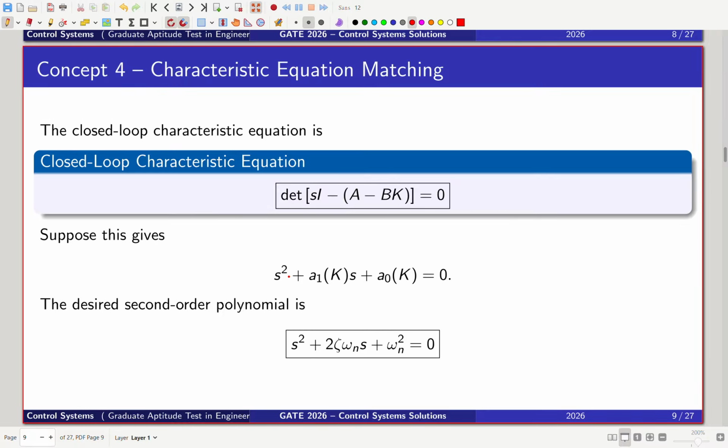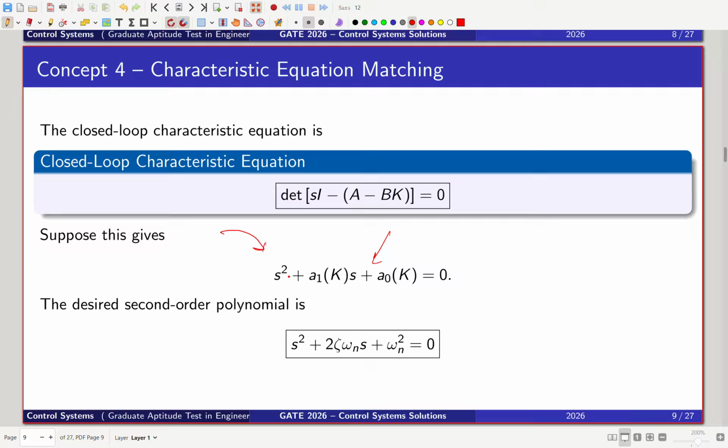For this given question it is not necessary actually. The closed loop equation is: we need to find the determinant of sI minus (A minus BK) to be 0, and we get a second order polynomial equation, s square plus a1(K) s plus a0(K) equal to 0.